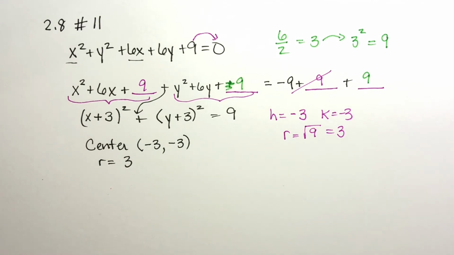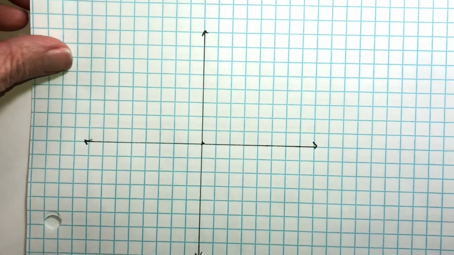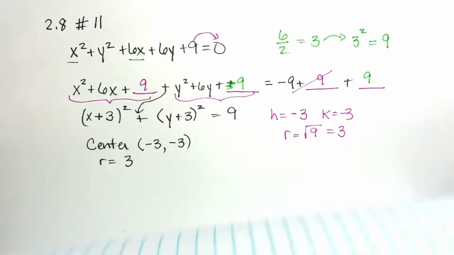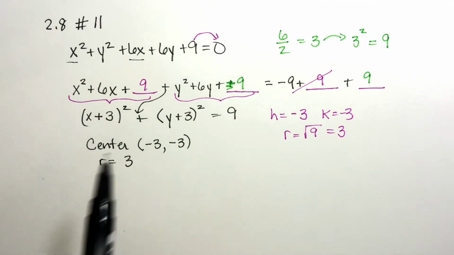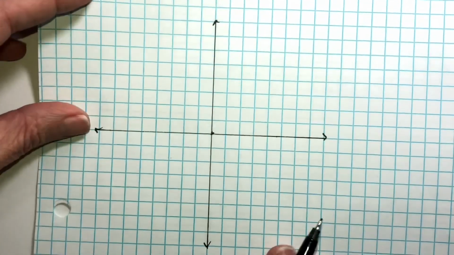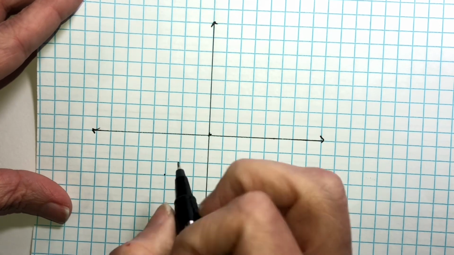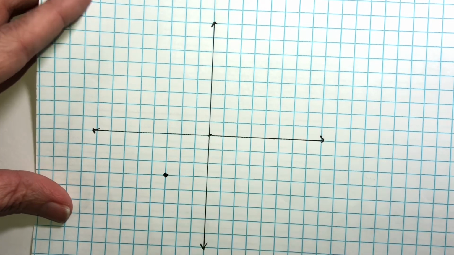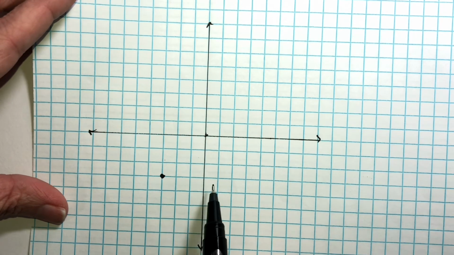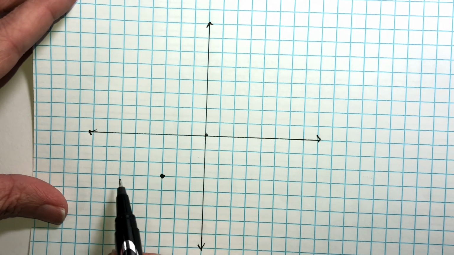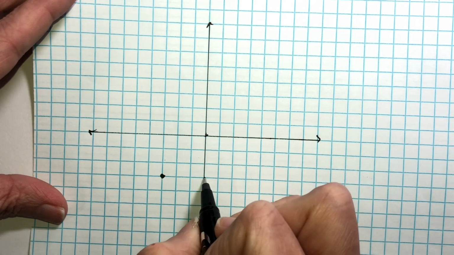Now, what we're supposed to do now is to graph this circle. So I have some graph paper right here. The first thing I'm going to do is plot the center, -3, -3. So -3, -3 would be right here. Now I know my radius is 3, so I'm going to move 3 units away from this in every major direction.